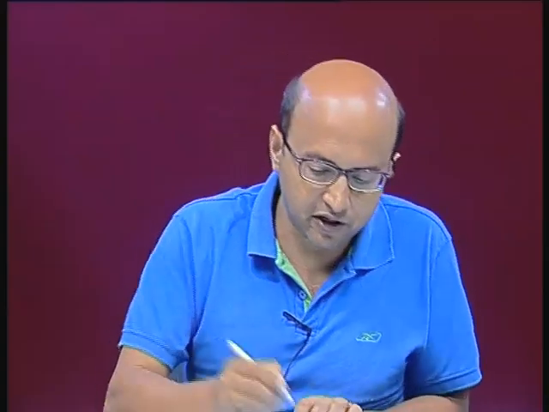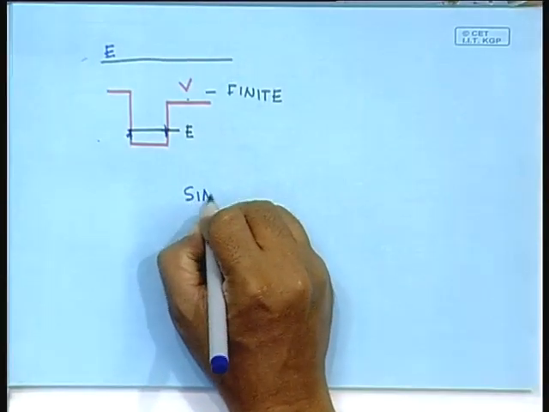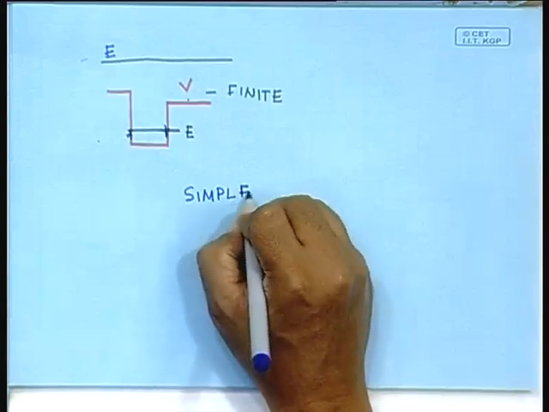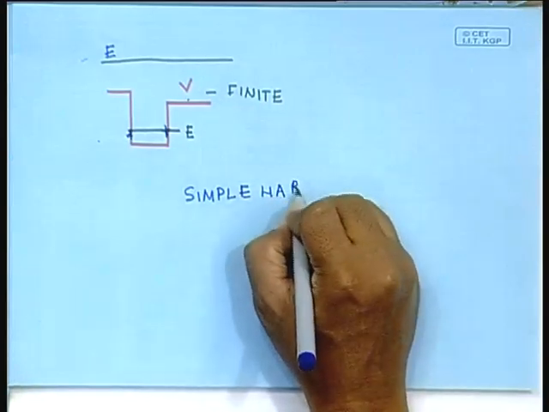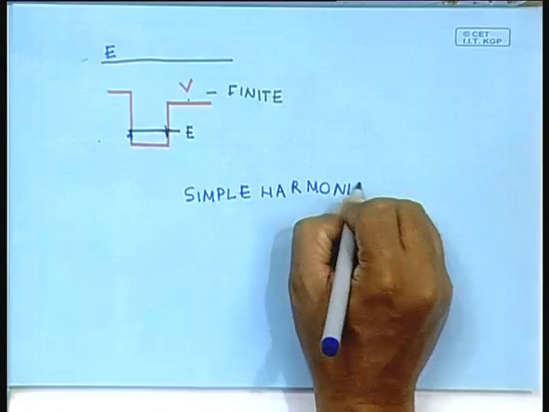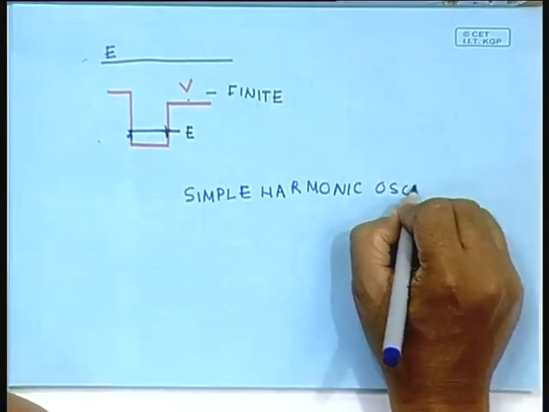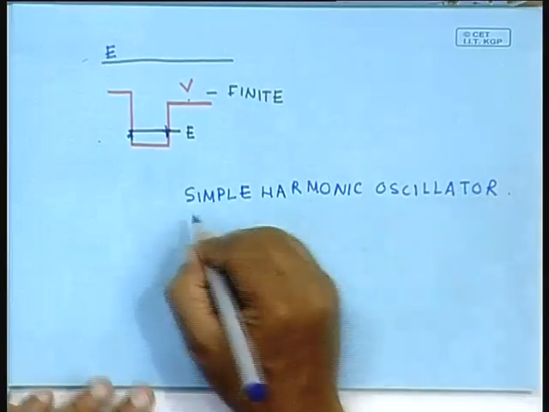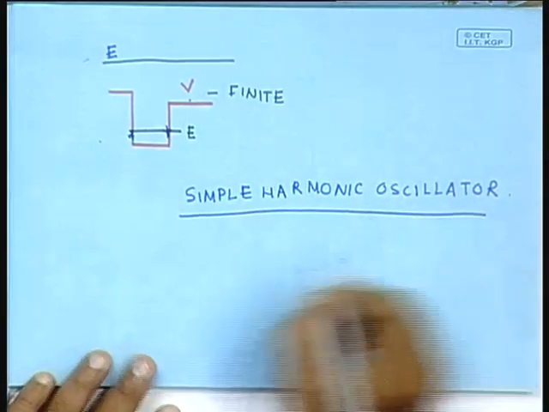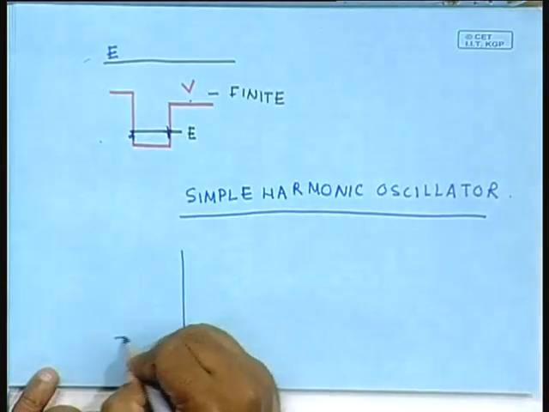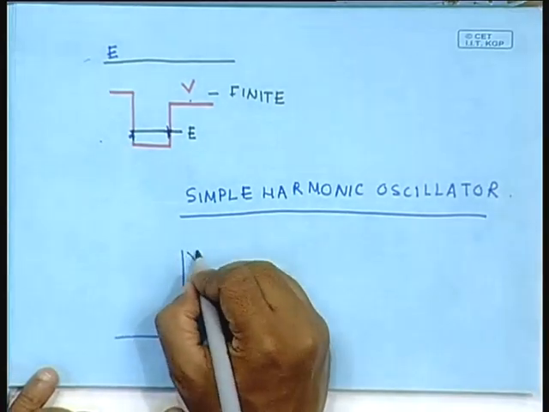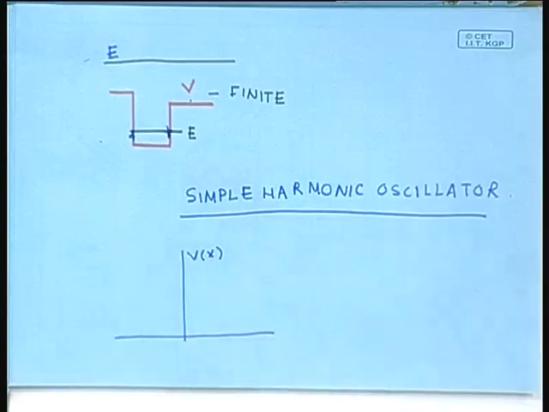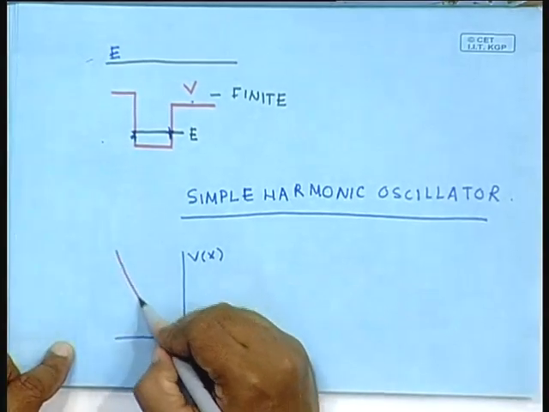So, there are other examples which I could give you. For example, you have a simple harmonic oscillator. We have studied this extensively in classical mechanics. The simple harmonic oscillator potential is quadratic, so the potential looks like this.